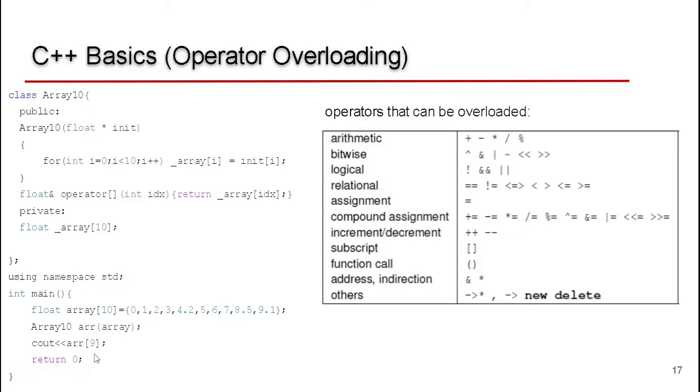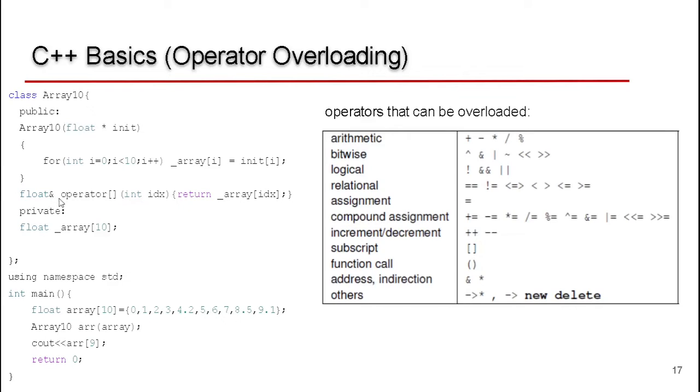But for this class, if you did not overload the subscript, you will have an error. So what we simply do, we just say operator. You only add the name operator and the operator sign.